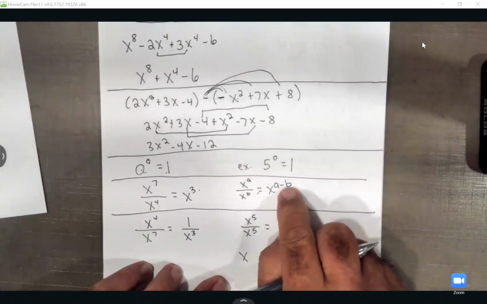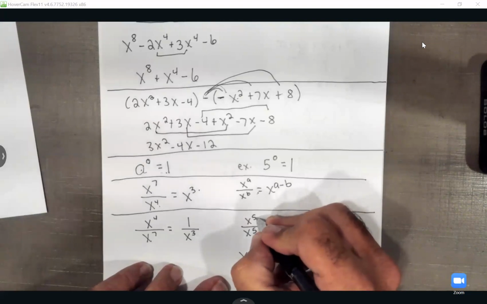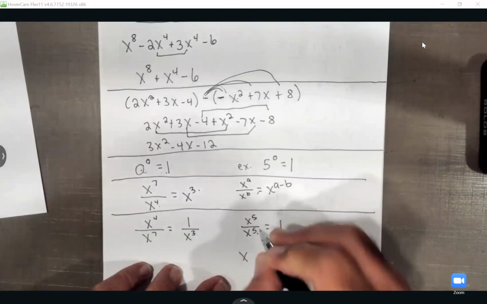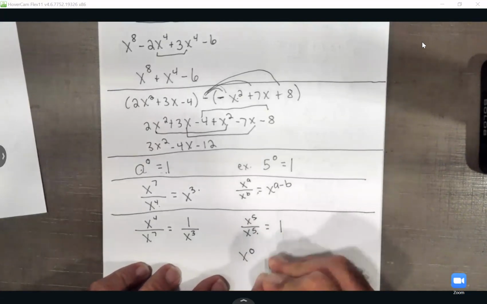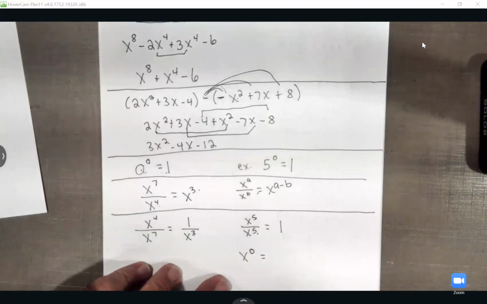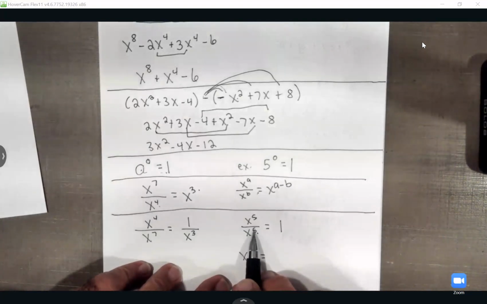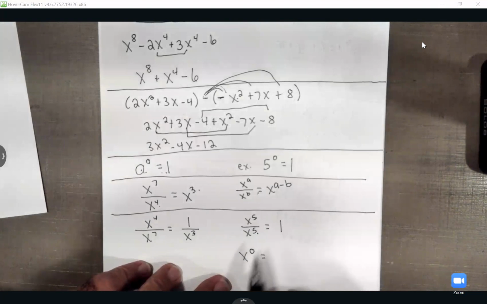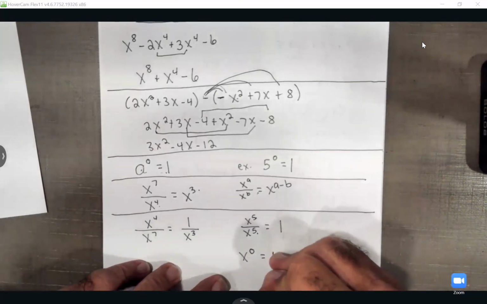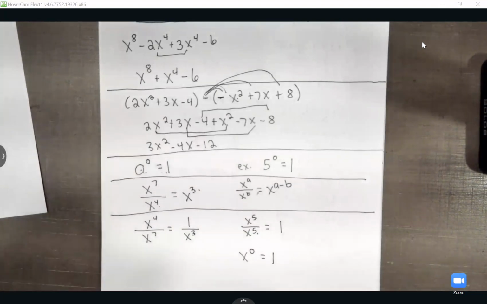If you use this rule, 5 minus 5 gives you 0, right? But we already know that x to the 5th divided by x to the 5th equals 1, which means x to the 0 by default has to equal 1, okay?